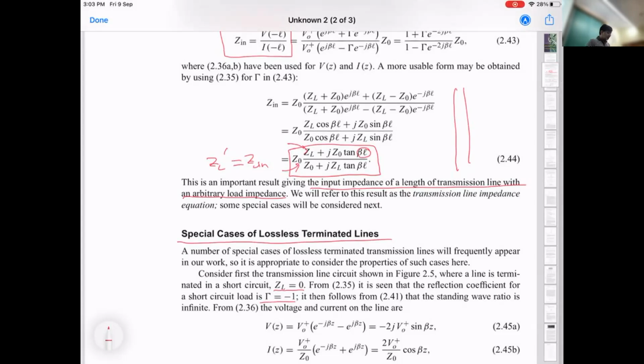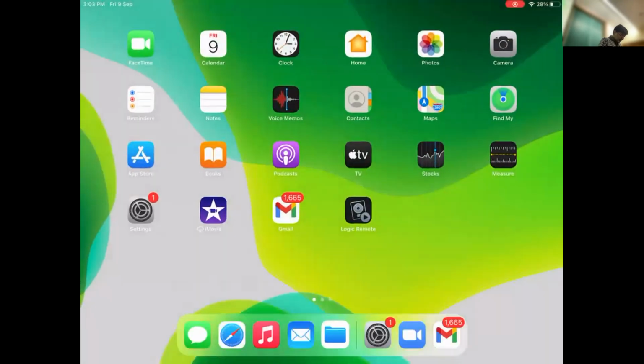But maybe this is a good time to take a look at the Microwave Office simulation. So let me stop this.